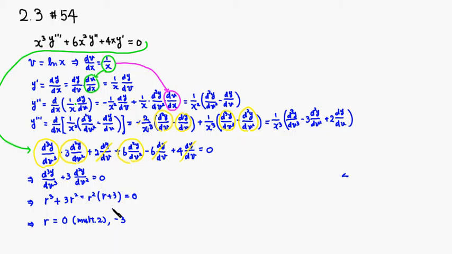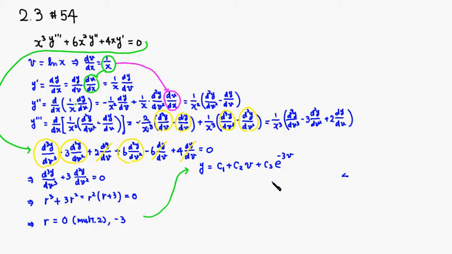So we know the solution y, so I'm going to actually go up here. Solution y can be written as c1, e to the 0 is 1, and since it's repeated, you're going to have c2, remember that the variable is v, so it's v, and then plus c3 e to the negative 3v.